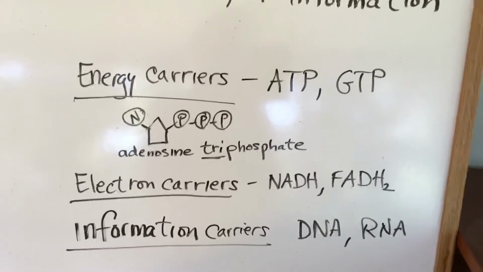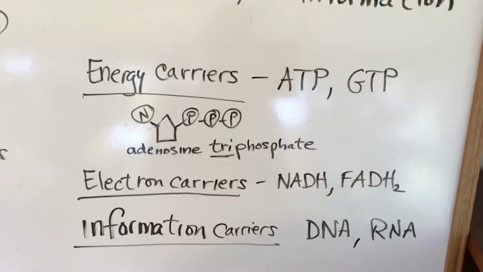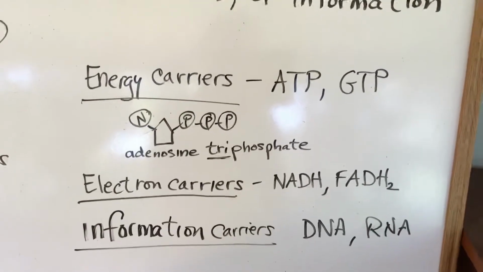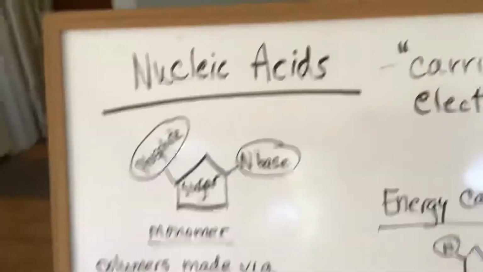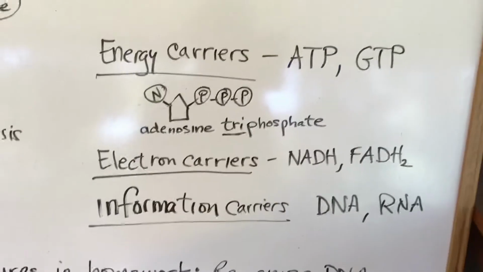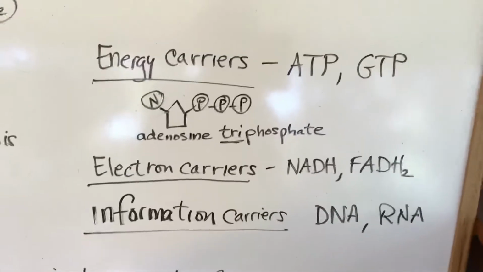Typical ones are DNA and RNA, and because they are polymers, they are carrying at least some different nitrogen bases on their groups. And because of that, they can code for information. And we will talk a lot more about that later.